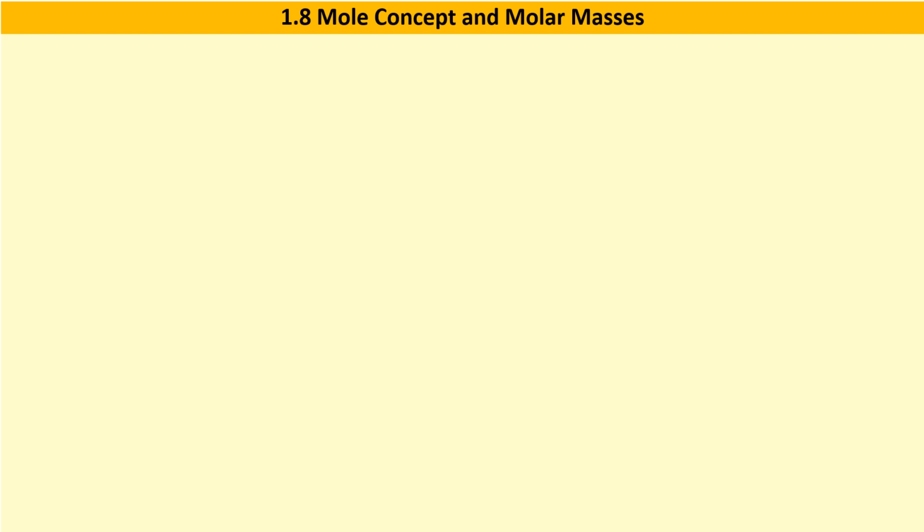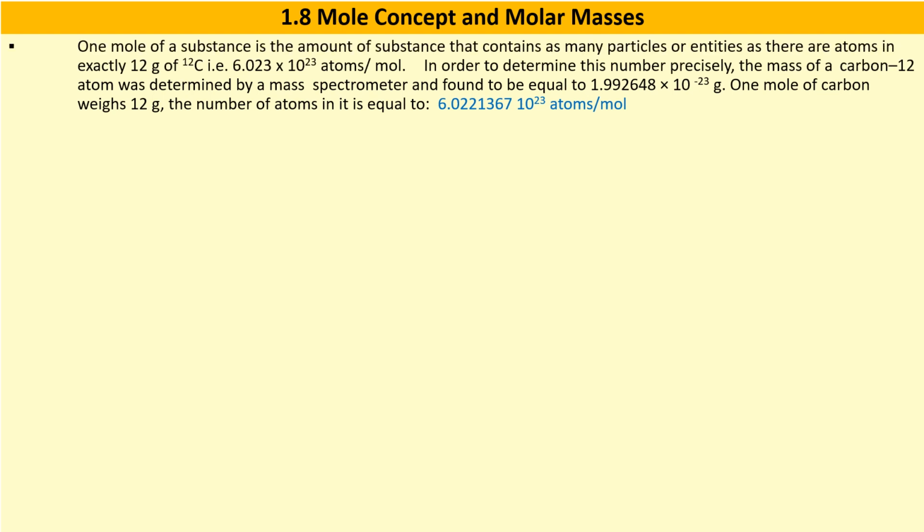Mole concept and molar masses. Atoms and molecules are extremely small in size and their numbers in even a small amount of any substance are large. That means they are small in size but very large in number.